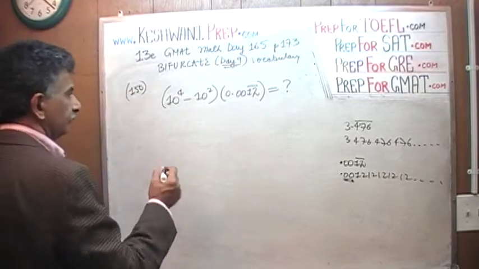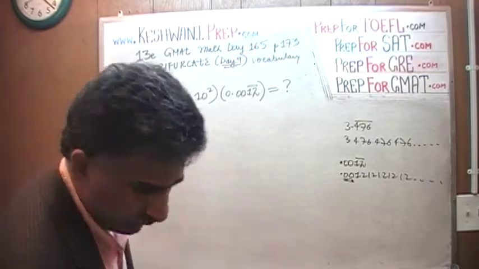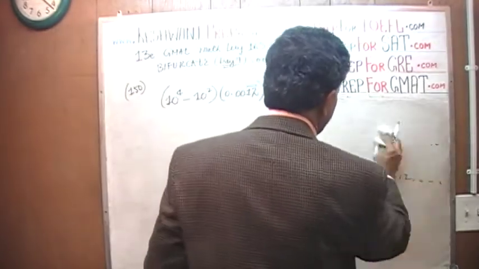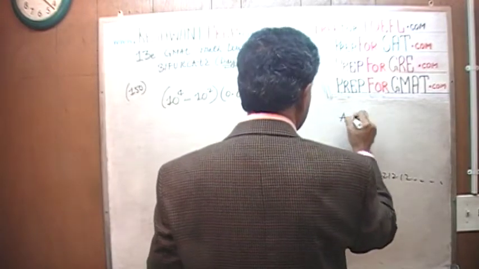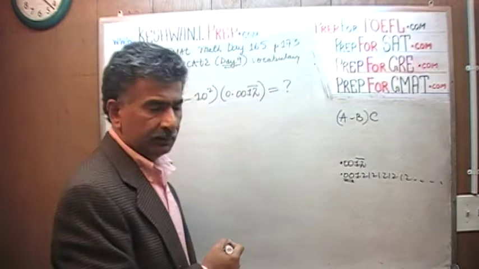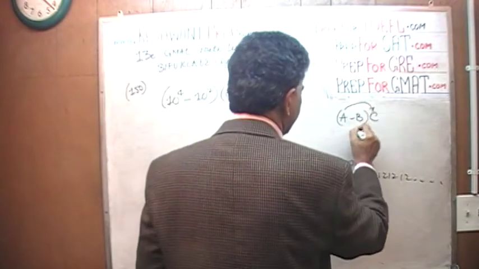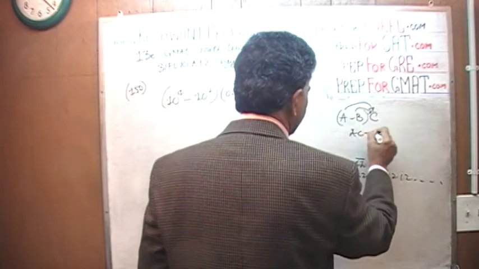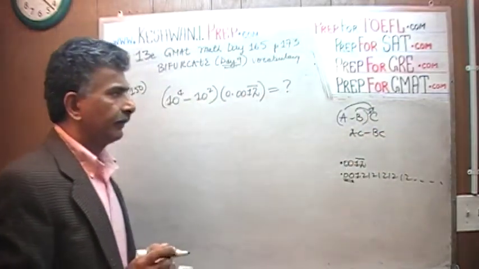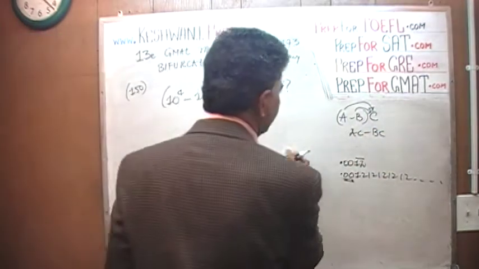Let's find out. The technique to use here is to understand that when we have A minus B times C, this is the same as A times C minus B times C. I'm going to rewrite it.